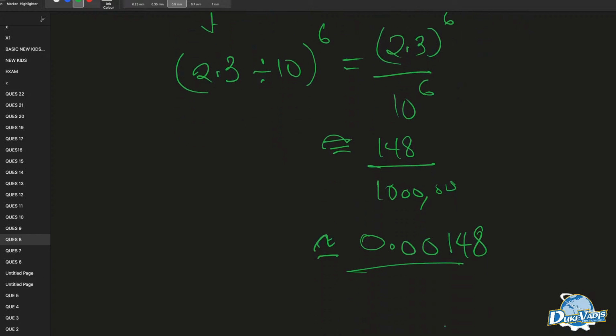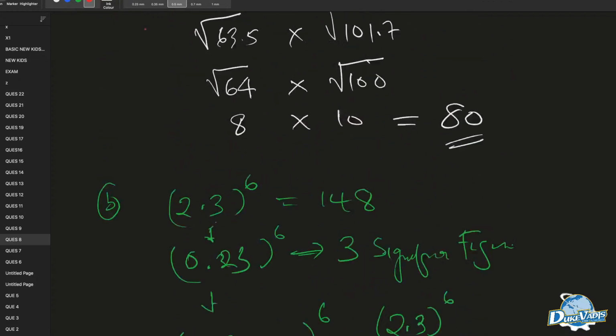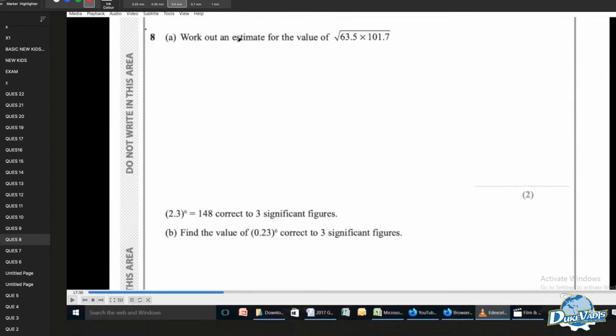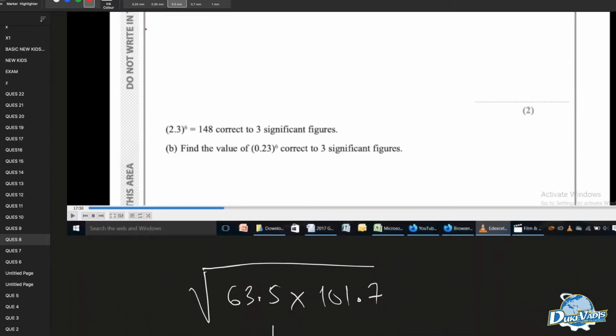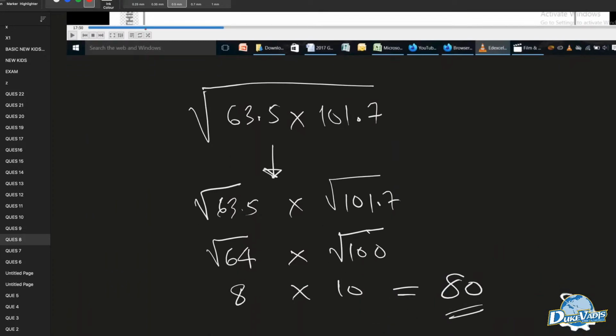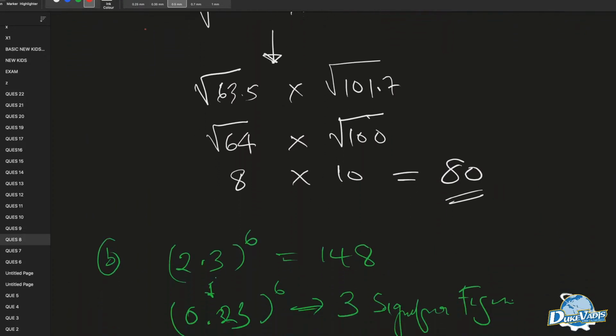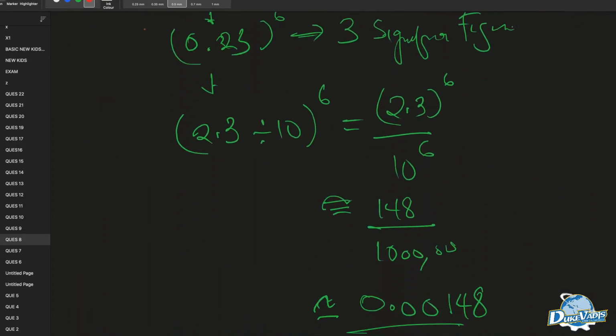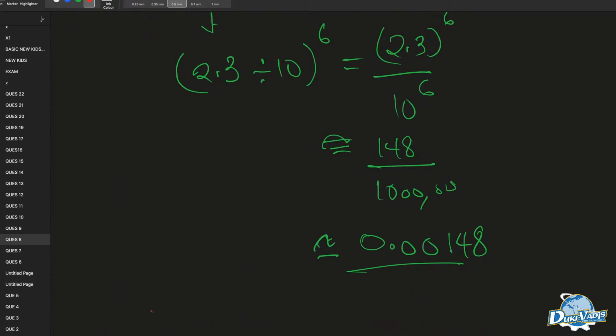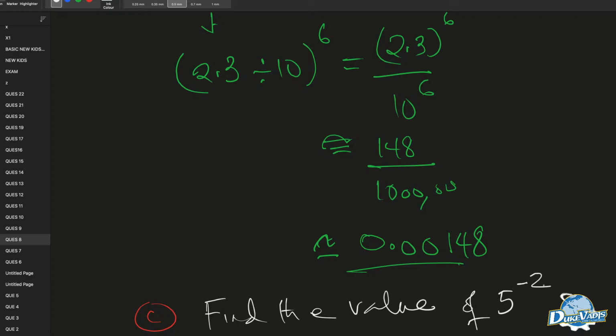The next question, which is C, let's see what it says. The last question, question number C, says: find the value of 5 raised to the power negative 2.